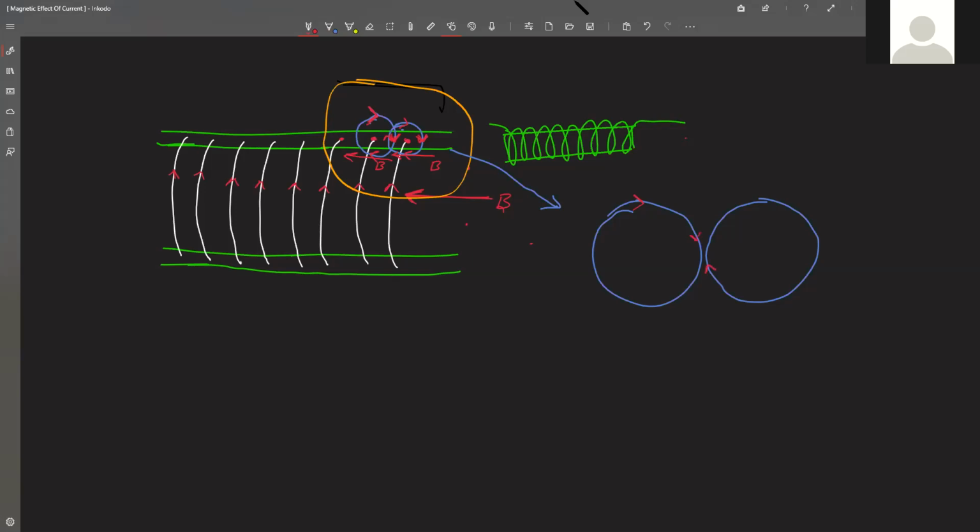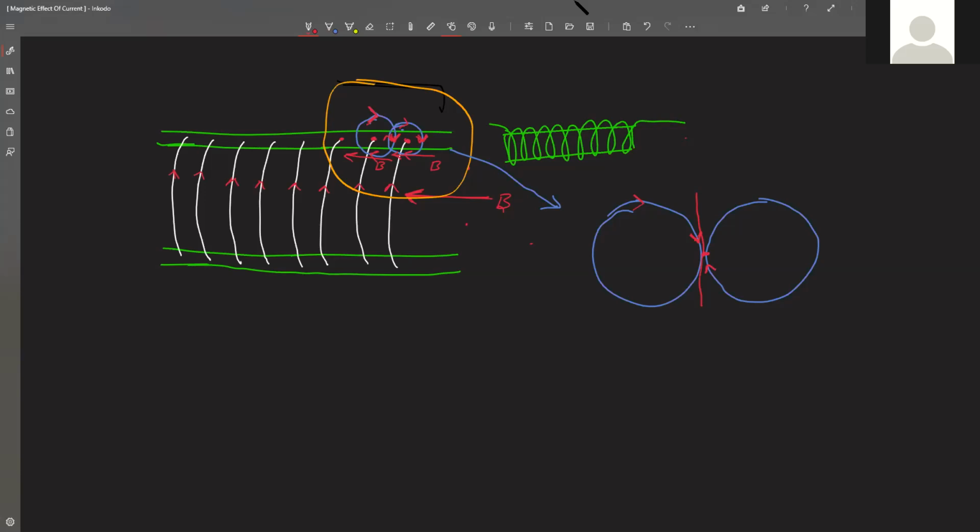So obviously, if they are symmetrically or uniformly placed points, then these two magnetic fields at this point will cancel each other. At this point they cancel each other, and just like there is magnetic field here, in the same way there will be magnetic field above as well.